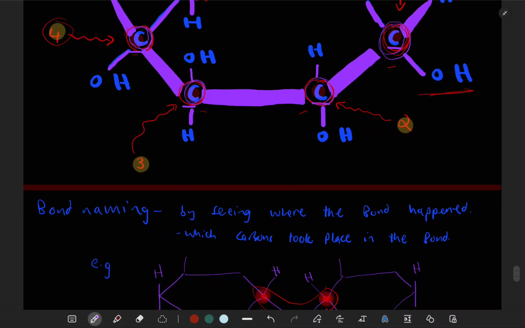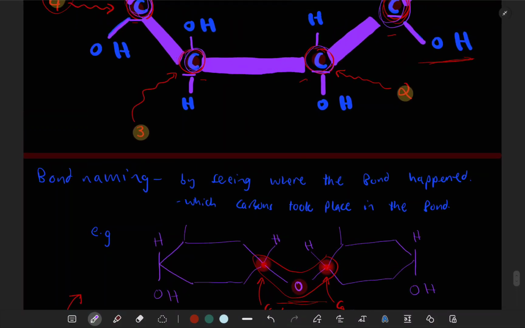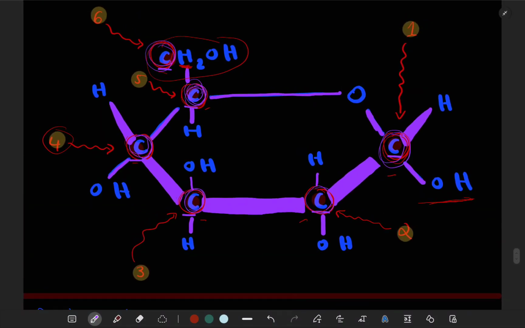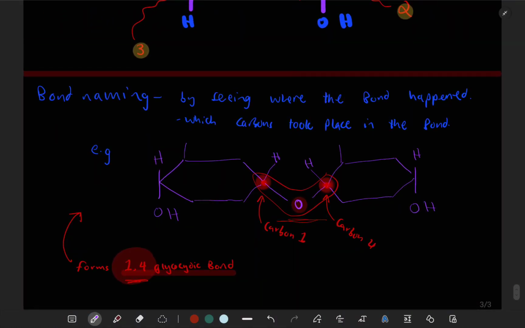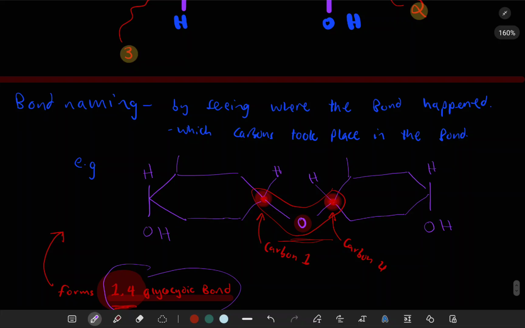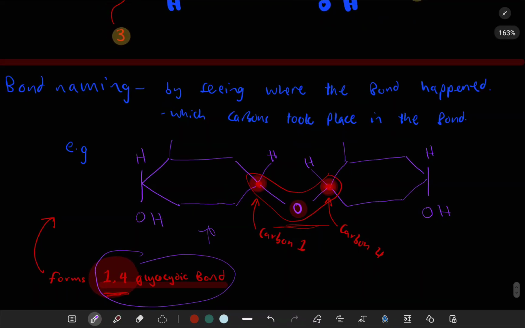Now we go to bond naming. Now that I've established which carbons are where, we can name bonds in a very specific manner. For example, a 1,4 glycosidic bond in maltose. First we can do bond naming by seeing where the bond has occurred. The bond in this case occurred on this area.